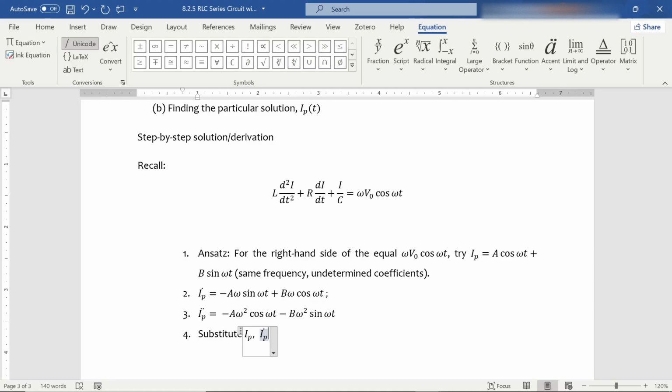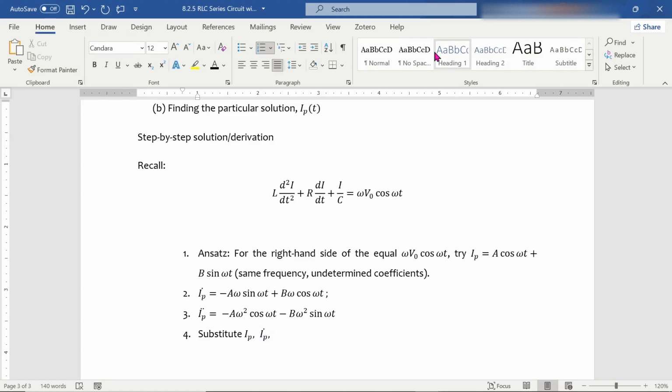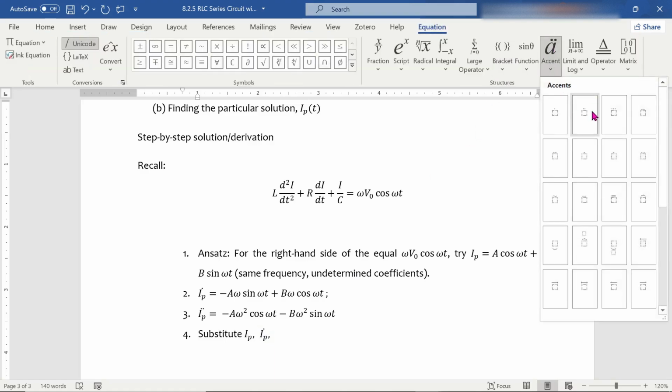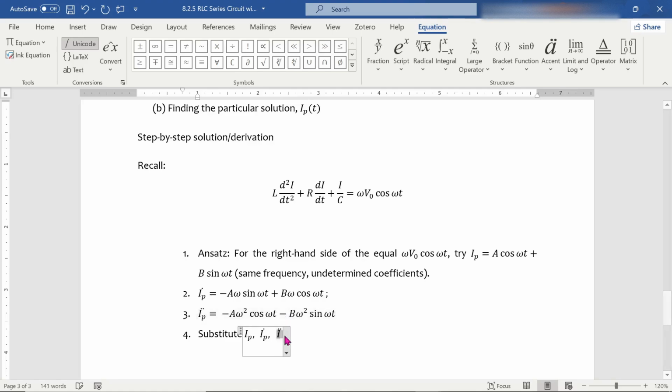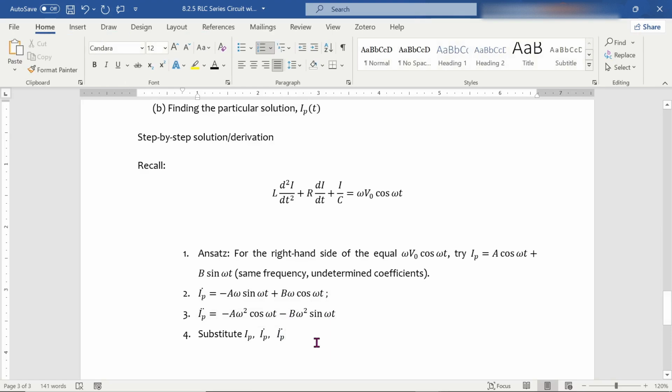Of course, these are all functions of t. So we substitute these into our ordinary differential equation, which is this one.